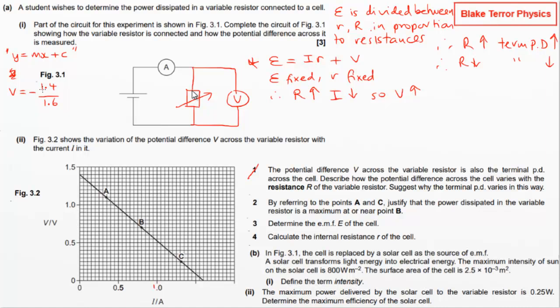So that's the gradient of the line, minus 7 over 8, multiplied by I, and our c is 1.4. So we've got an equation for the line, and then we can say our power is V times I, which is going to be minus 7 over 8 I squared plus 7 over 5 I.